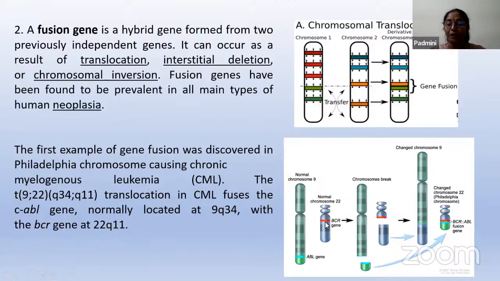Q is the long arm. So a translocation of ABL to the BCR gene leads to the Philadelphia chromosome, which leads to leukemia. So these are the two, translocation and fusion genes, which cause chromosomal rearrangements.